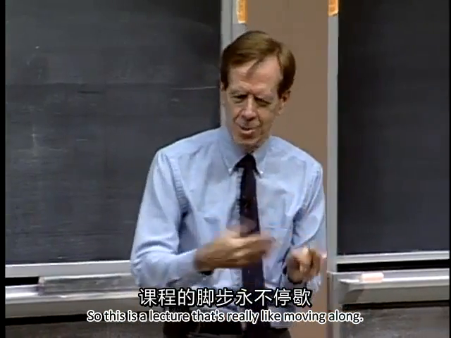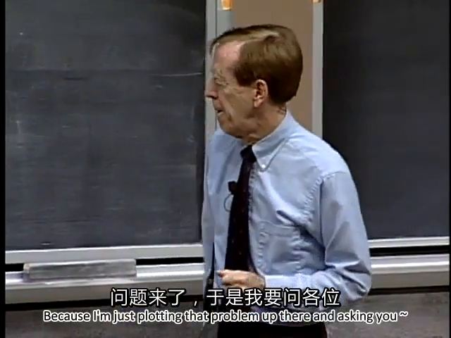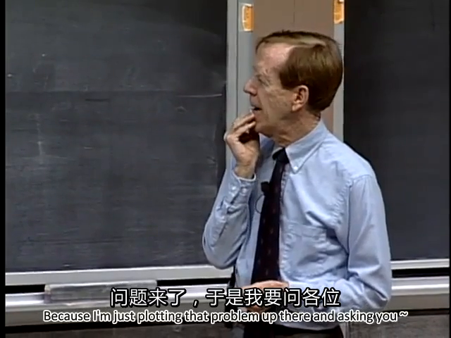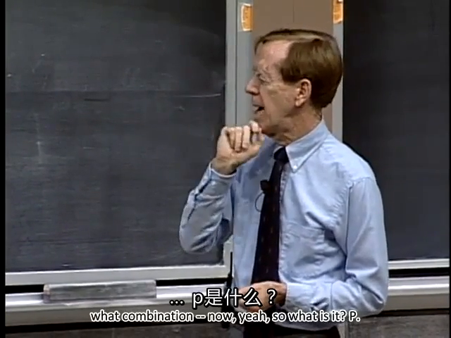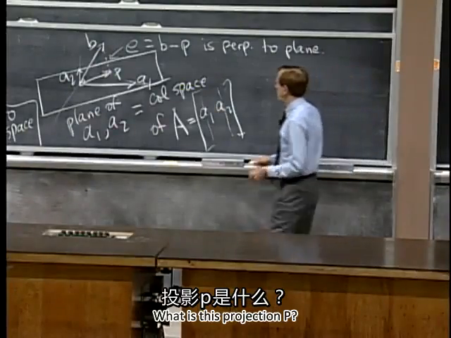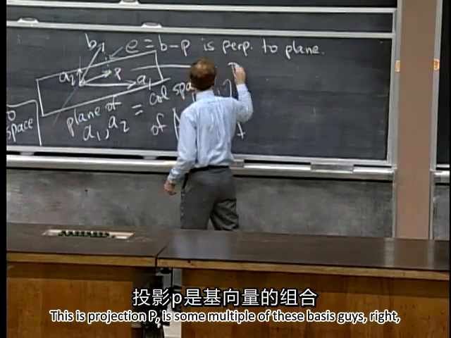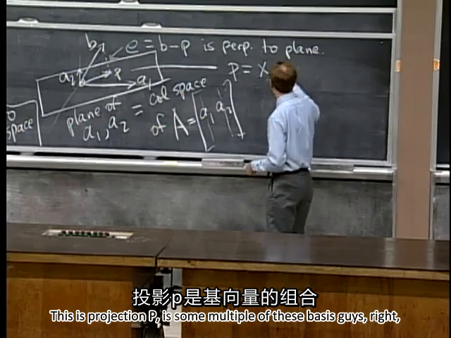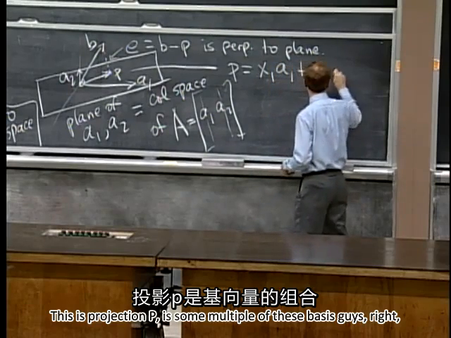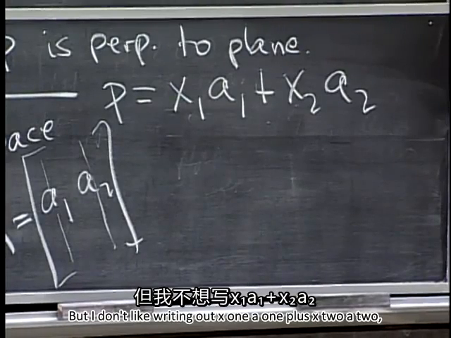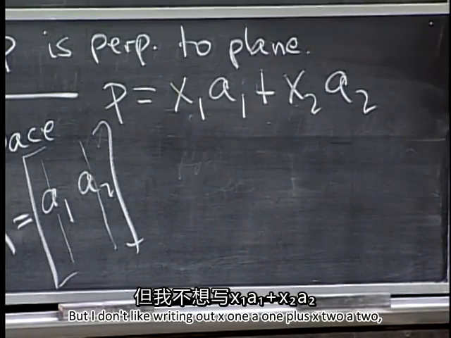So this is a lecture that's really like moving along. Because I'm just popping that problem up there and asking you what combination. Now, yeah, so what is P? What is this projection P? This projection P is some multiple of these basis guys, right? Some multiple of the columns. But I don't like writing out x1a1 plus x2a2.